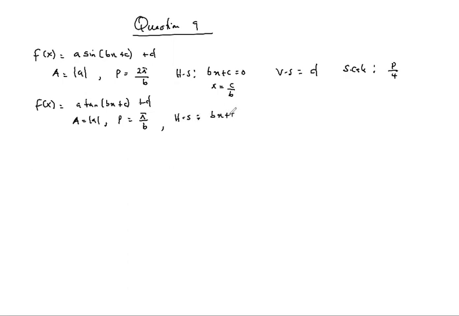We equate this to 0 and get this. And the vertical shift is also the same. And the scale also is the period over 2. So now we can attempt our questions.